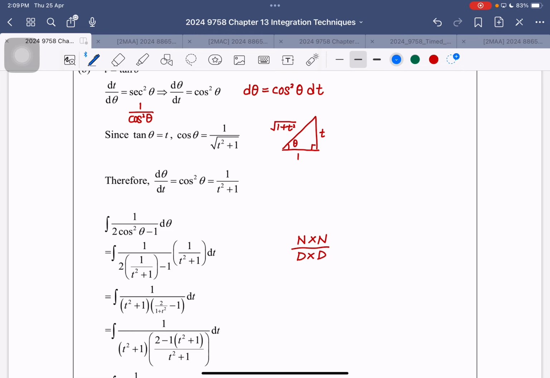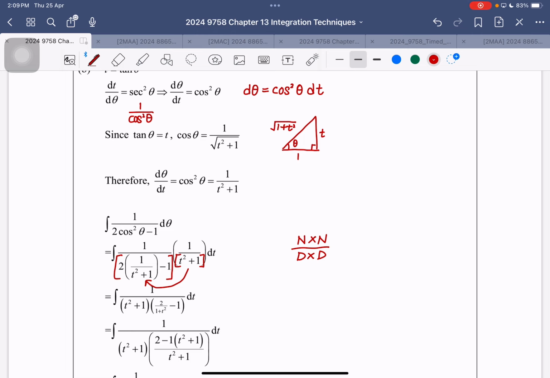You can see that the denominator of the first fraction is this, and the denominator of the second fraction is this. If you use denominator times denominator, this term is multiplied to here, and you will see that the t squared plus 1 got cancelled out. You just get a 2 only.